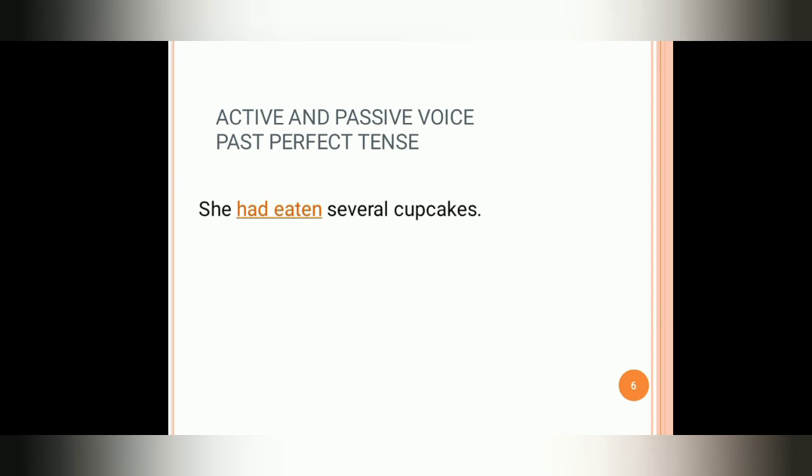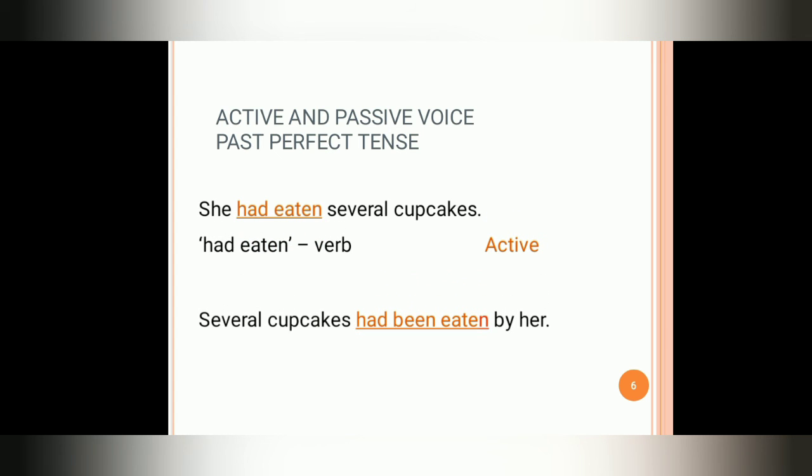The example is, she had eaten several cupcakes. Had eaten is the verb in the active voice. We know that in the past perfect tense, we use had in all cases with he, she, it, I, we, you, they. We use had and the third form of the verb.